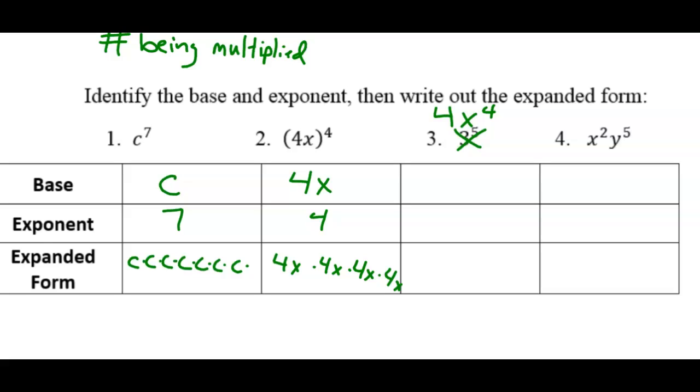What is my base in that one, in number 3, that I just changed it to? My base is the item that the exponent is attached to. I think it's 4x. Aisha, what do you think? It's 4x. What do you think, Yadira? You think it's x? Sarah, what do you think?